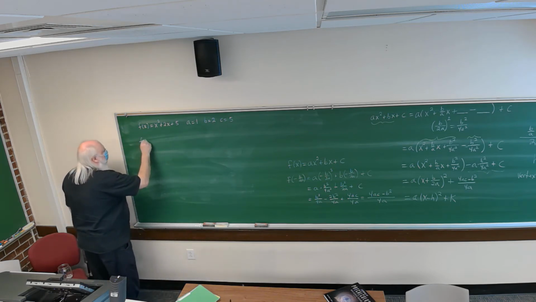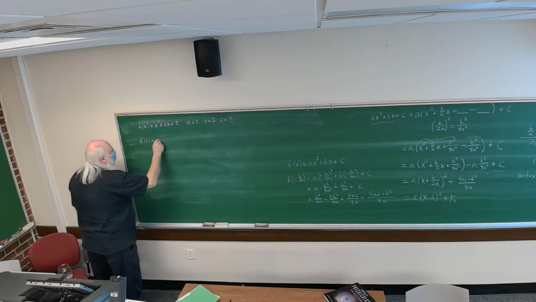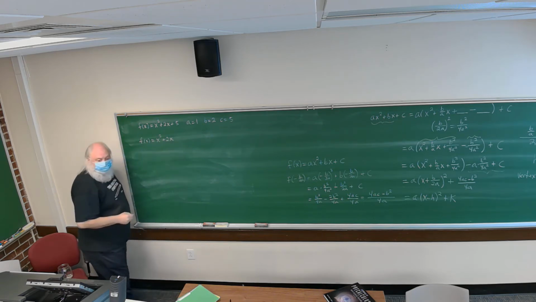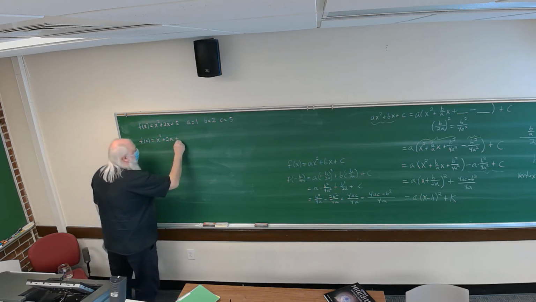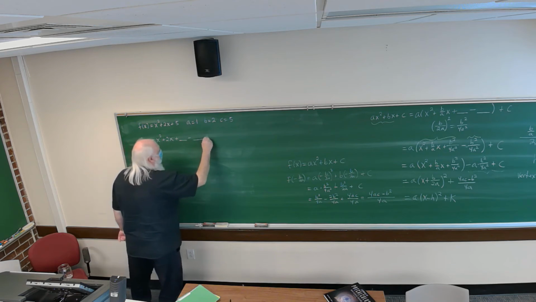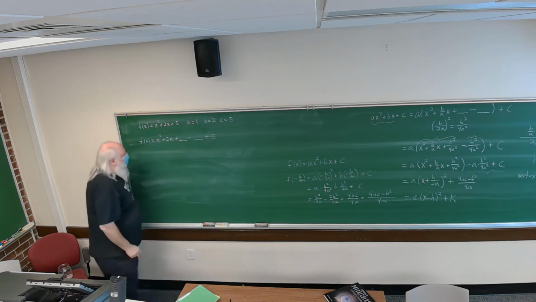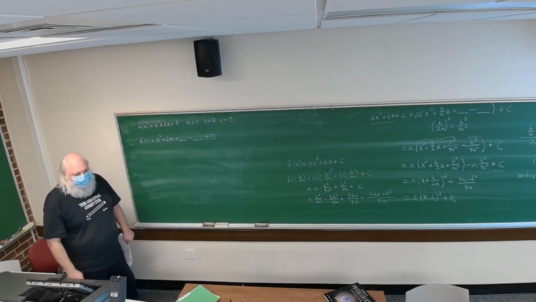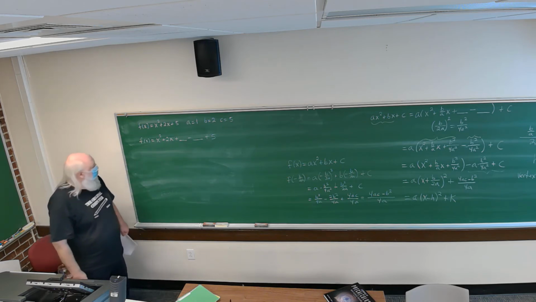So to complete the square, we have to add 0 to the right-hand side by adding a number and subtracting that number. We're going to create a perfect trinomial that is equal to a perfect square.